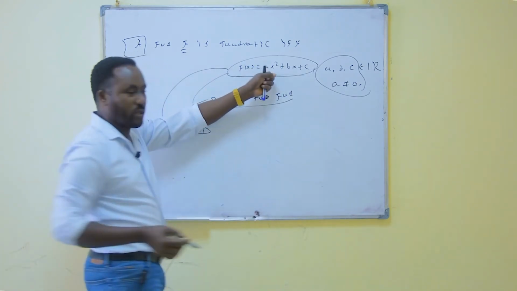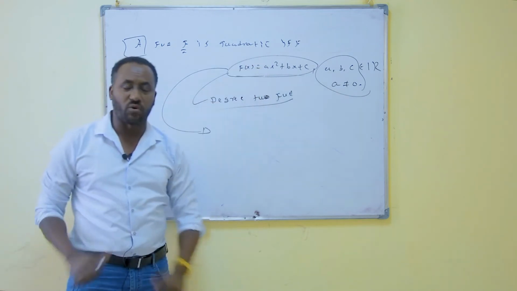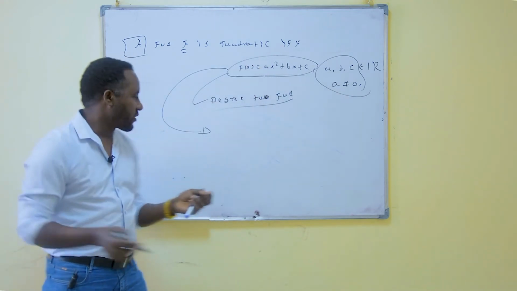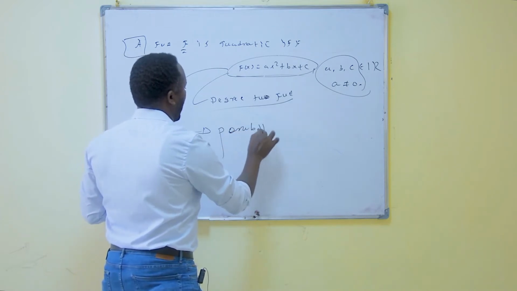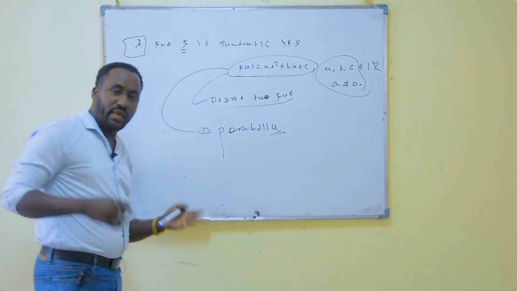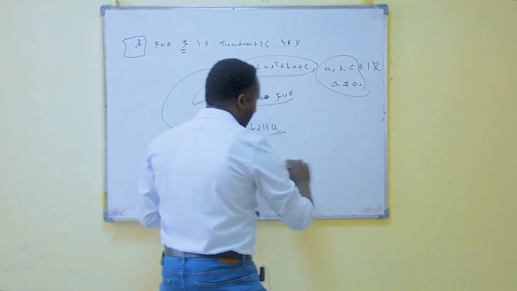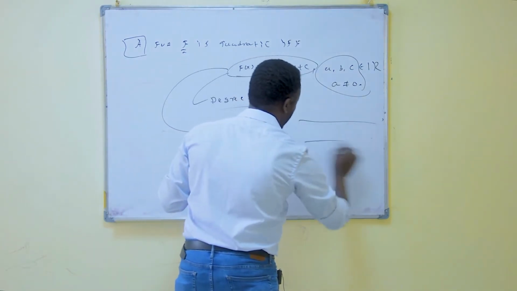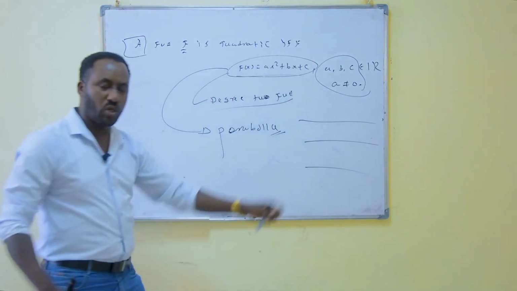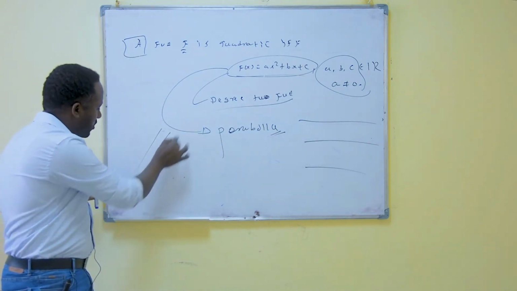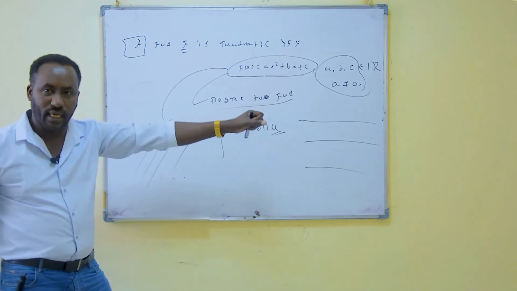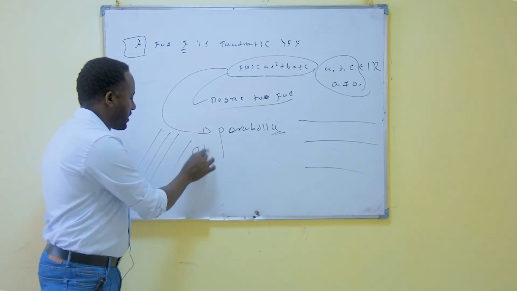The other point is the graph of the quadratic function. The graph of any quadratic function is always a parabola. In the case of a constant function, for example, the graph is always a horizontal line. The graph of a linear function is oblique.